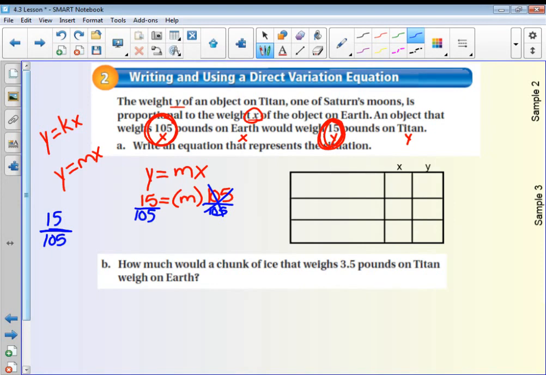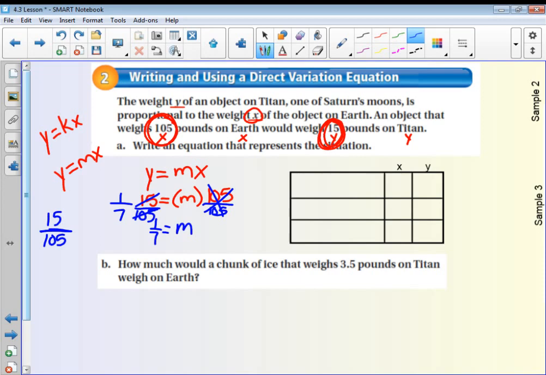For sure 5 would because they both end in a 5. But I'm going to check to see if 15 will go into 105 just to see if it'll save me a step. So if I punch in on my calculator 105 divided by 15, it gives me exactly 7. So this would become a 7 and my 15 would go into itself once. I just found out that m equals 1/7.